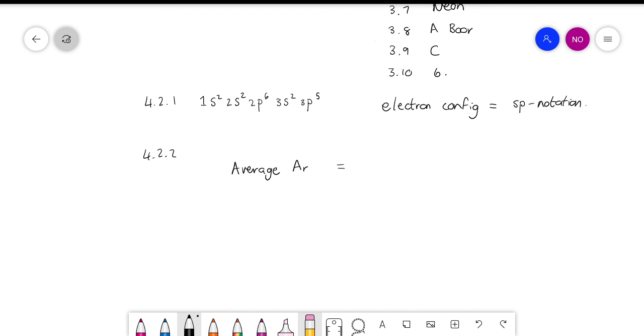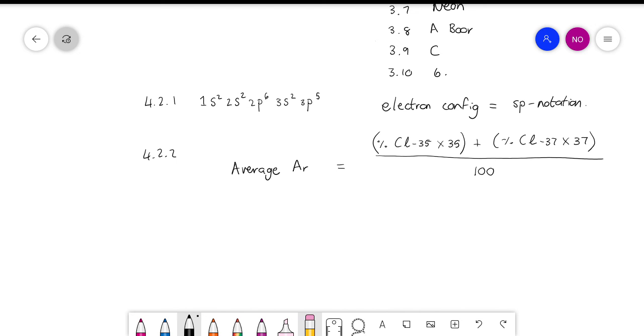So die gemiddelde atoommassa sou gewees het die persentasie van chloor 35 maal met 35 plus die persentasie chloor 37 maal met 37, right? Divided by 100.